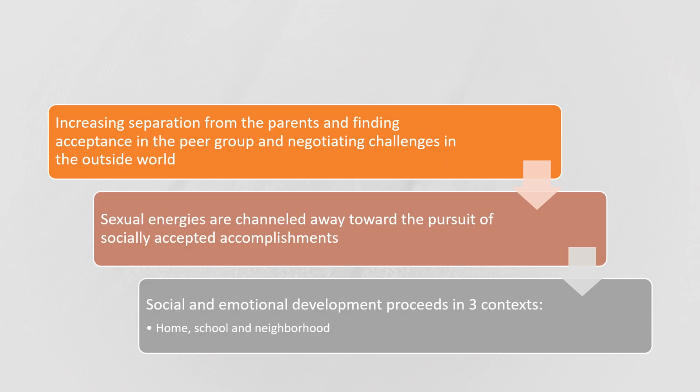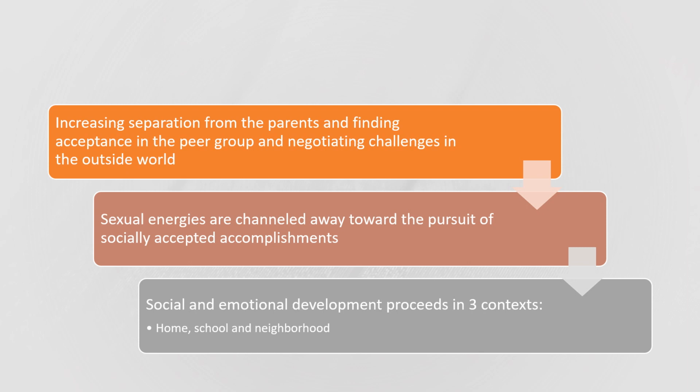Also, children during school age now have an increasing separation from their parents, finding acceptance in the peer group and negotiating challenges in the outside world. So that's why some children are now being masungit to their parents and starting to have that attitude because of that.